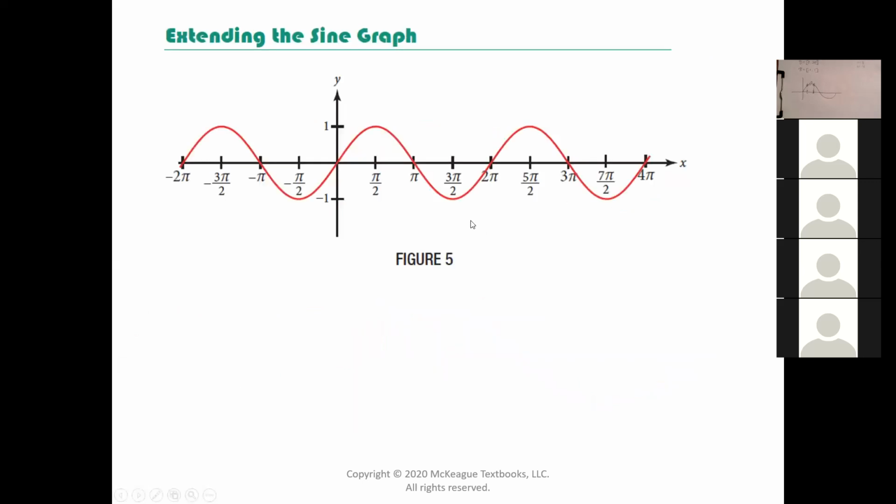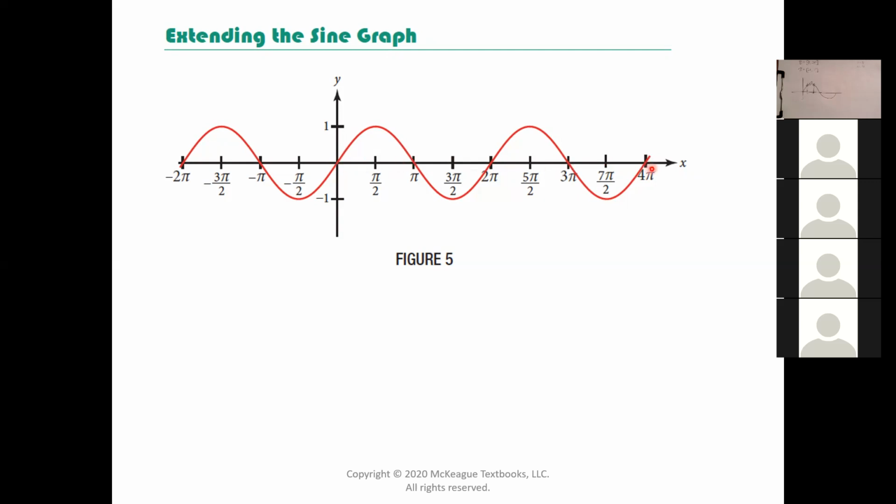And here you can see the graph of y equals sine x, ladies and gentlemen, where we now have graphed more than one period. So the graph of one period is from 0 to 2 pi. But if you want to graph two periods of y equals sine x, you would extend the x-axis out to 4 pi, because that constitutes how many trips around the unit circle when we go from 0 to 4 pi?